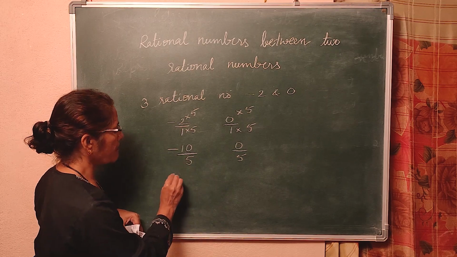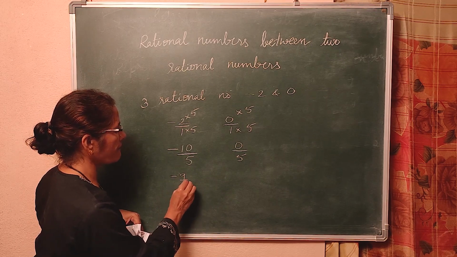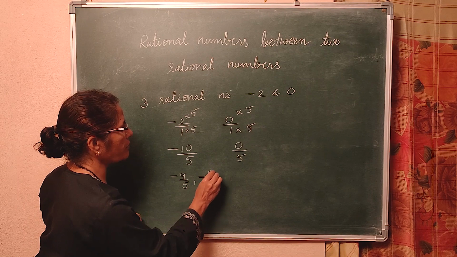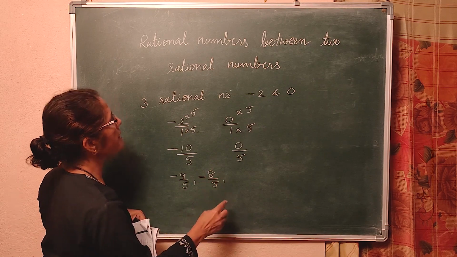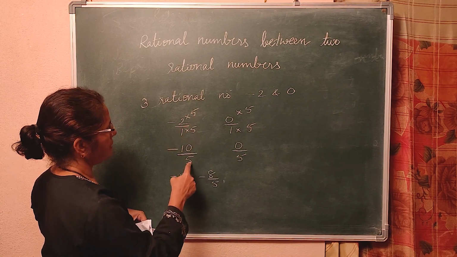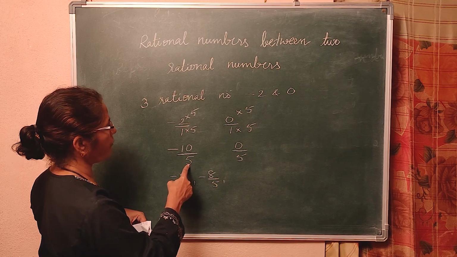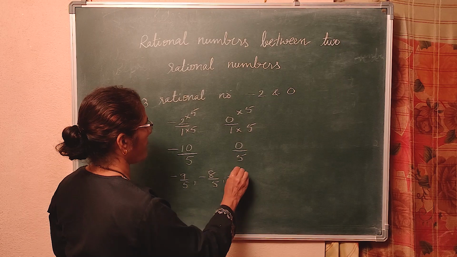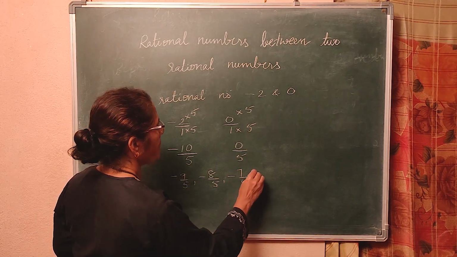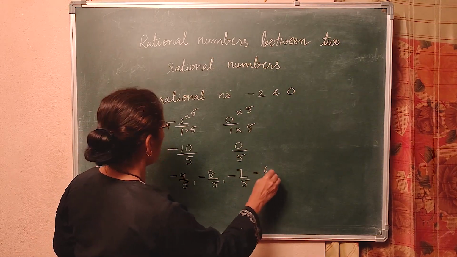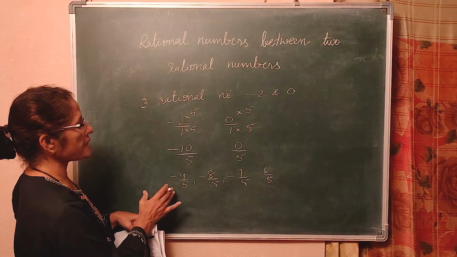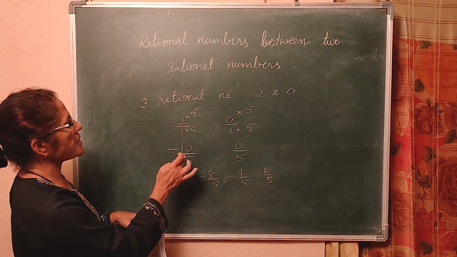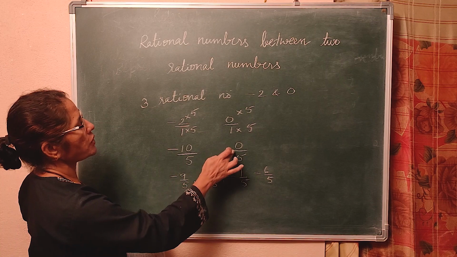You get minus 9 by 5, minus 8 by 5, minus 7 by 5, minus 6 by 5. All these are the numbers between minus 10 by 5 and 0 by 5.